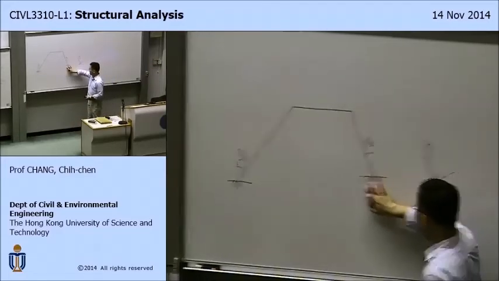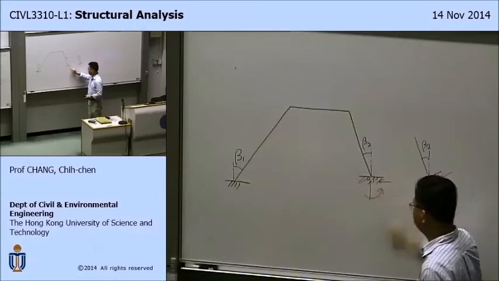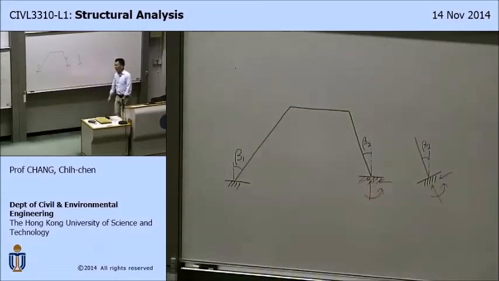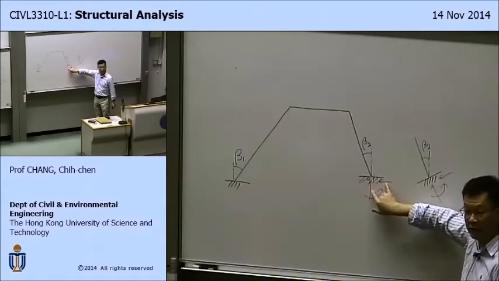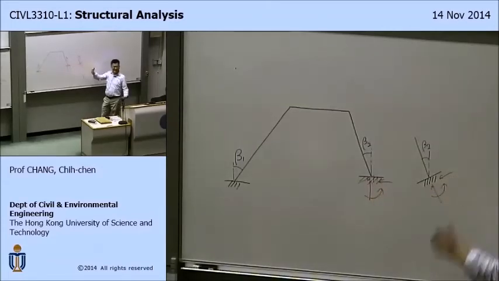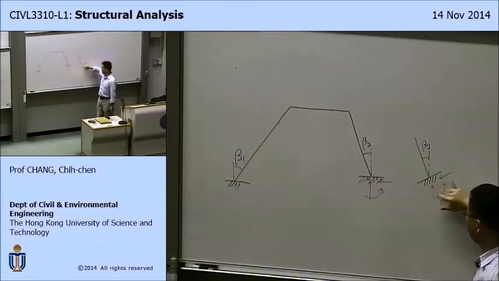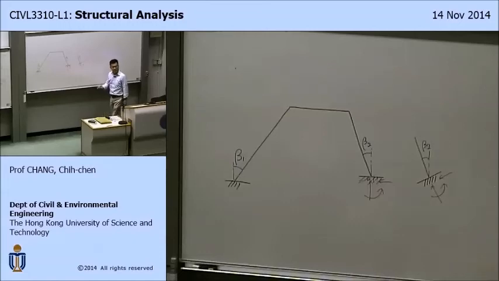If you take a look at this support, there is a force here, there, and here. So they are called equivalent forces. You can obtain one set from another through equivalent forces. So structurally, they are the same.